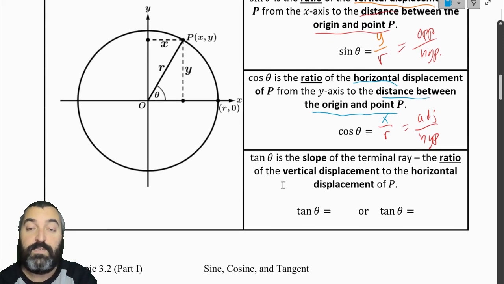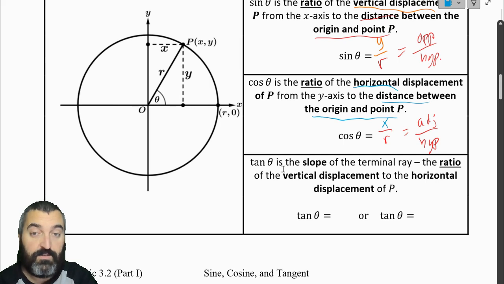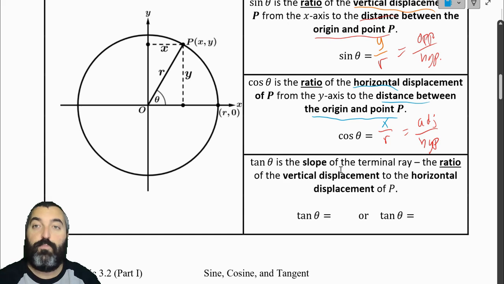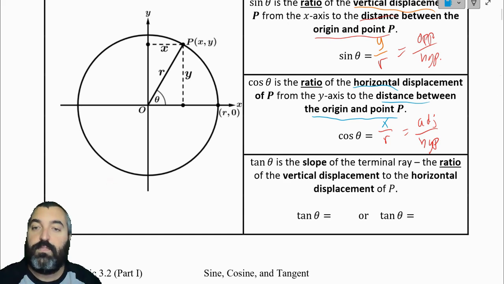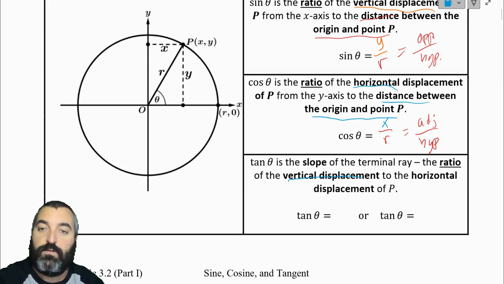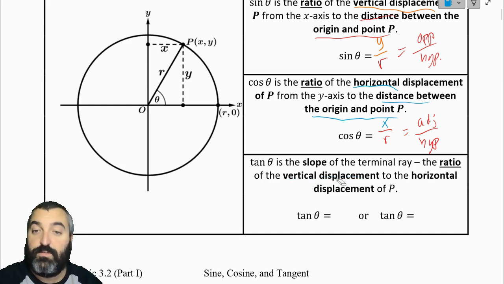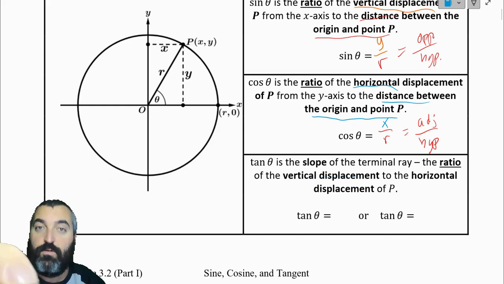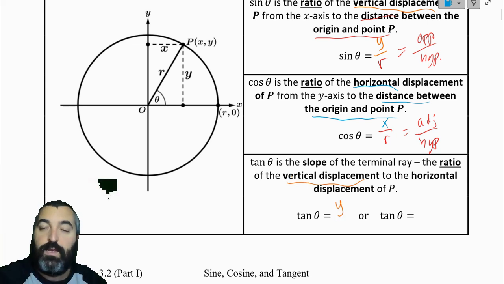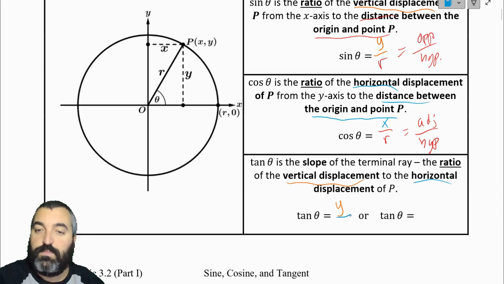Okay, and then tangent of the angle is the slope of the terminal ray, which slope we know is the vertical displacement to the horizontal displacement, right? That ratio. So vertical is y and horizontal is x.